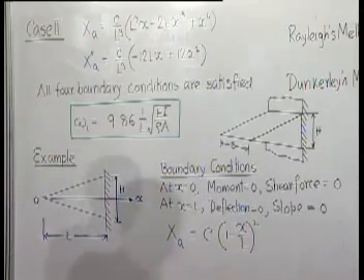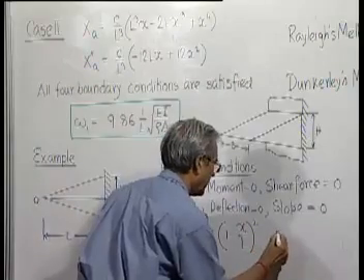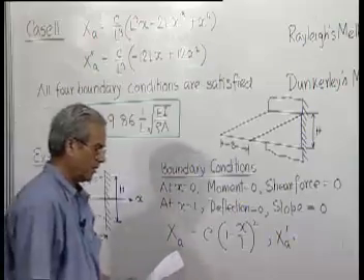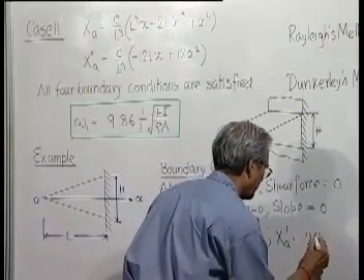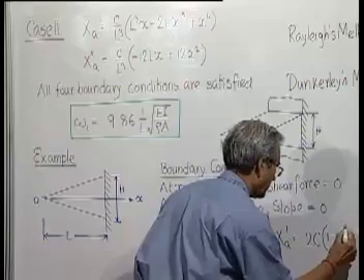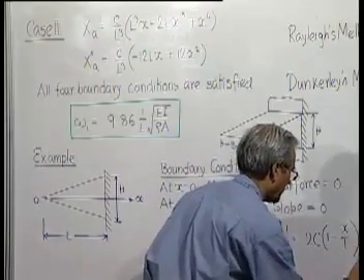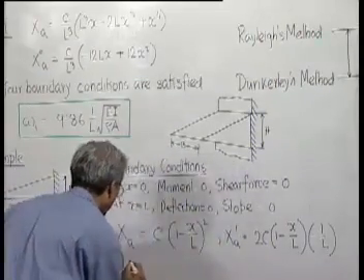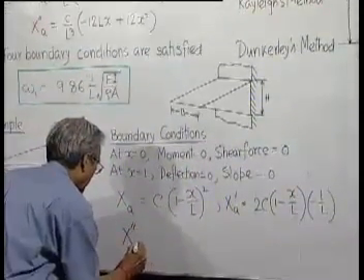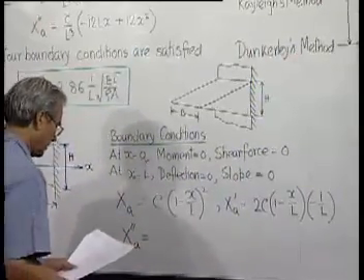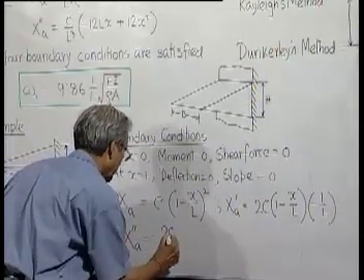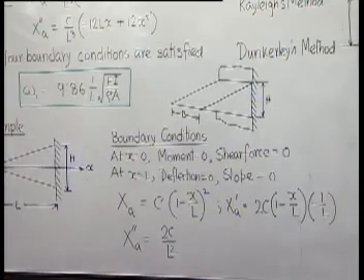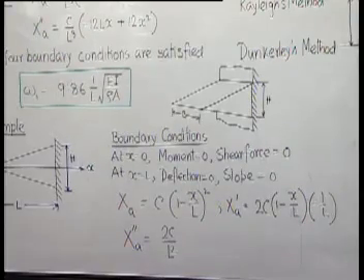If Xa is this, then Xa prime, that is dXa/dx, will be equal to this, and d2Xa/dx square is this. Now let us see the conditions which are being satisfied.